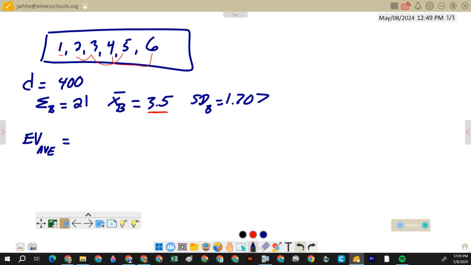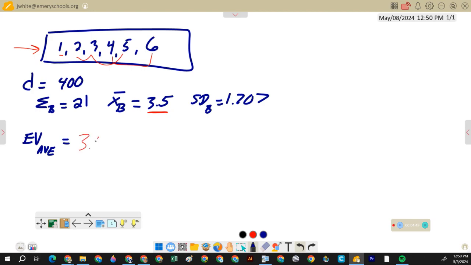Well, I could take 1,400 and divide it by 400, but I already know what the answer is going to be. It's going to be 3.5. If you draw from this box, you are expected to earn 3.5 points per roll. So no matter how many rolls you do, you should get 3.5 as the average.